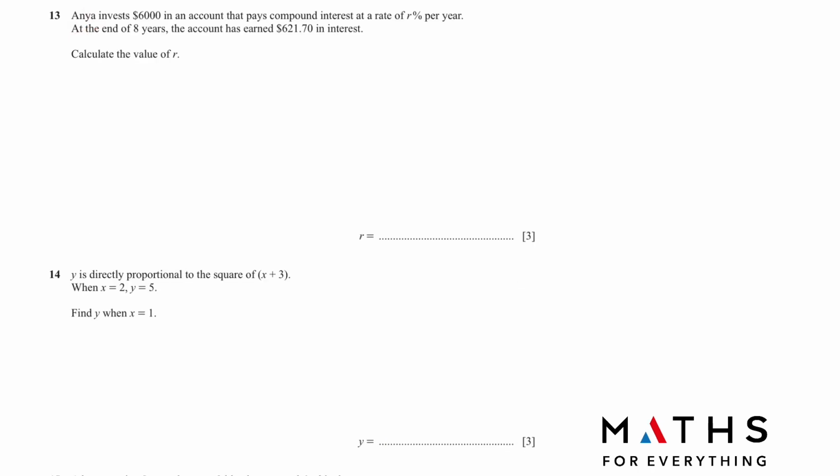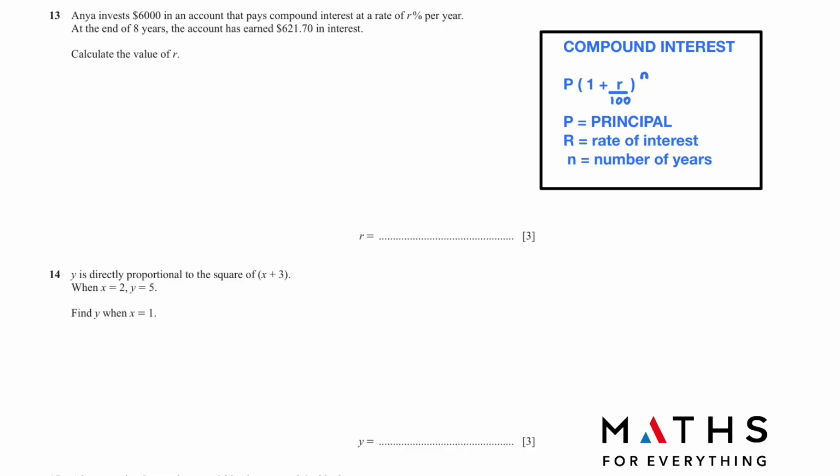In this question we have Anya invests 6,000 in an account that pays compound interest at a rate of R percentage per year. At the end of 8 years, the account has earned 621.70 in interest. Calculate the value of R. You need to know this formula about compound interest, where P is your principal, that is your starting amount.